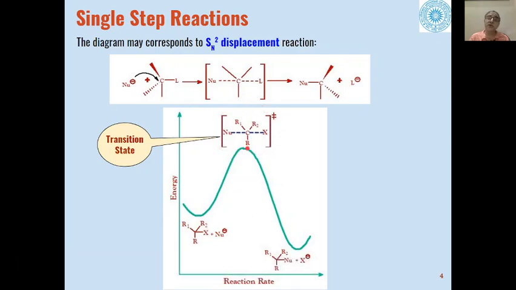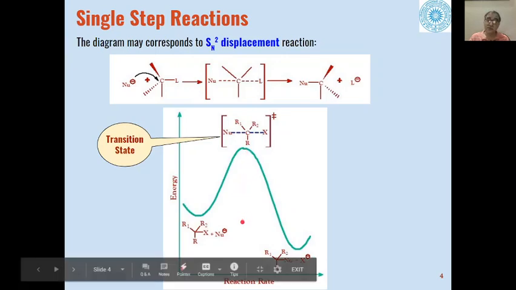And we know the energy at the transition state is highest. So this much energy of activation is required for conversion of this reactant into this type of product. And you can see that here no intermediate is formed, only a transition state is there.